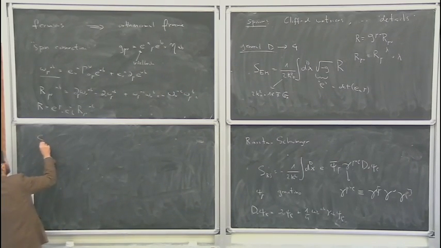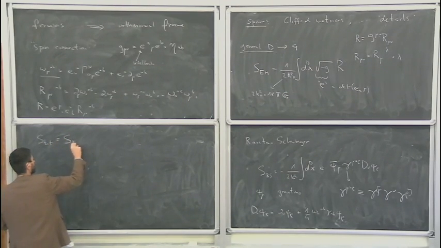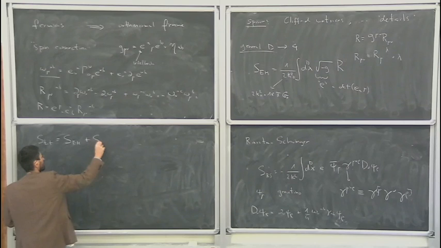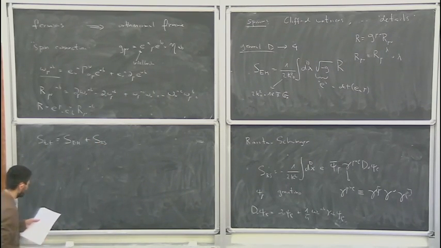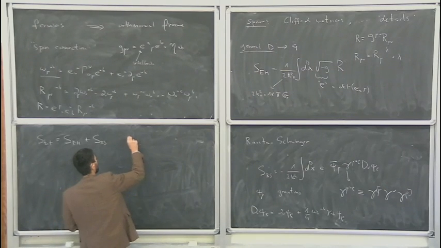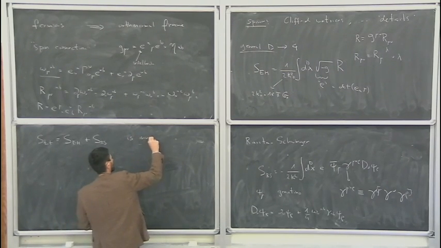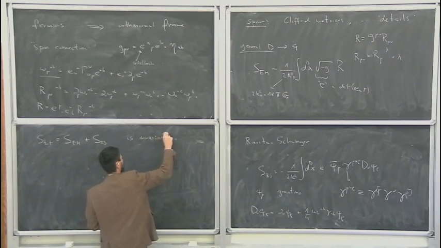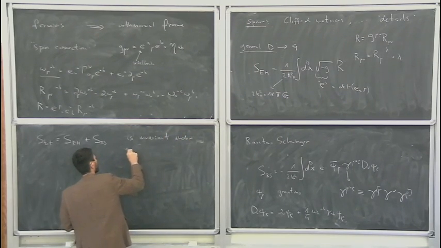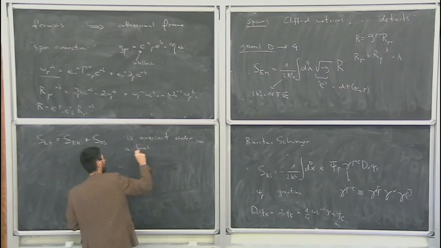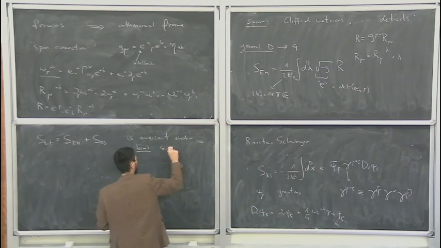The claim is that if I write a total action, which is the Einstein-Hilbert action plus the Rarita-Schwinger action, then this is invariant under a local, and that's the key, supersymmetry transformation.